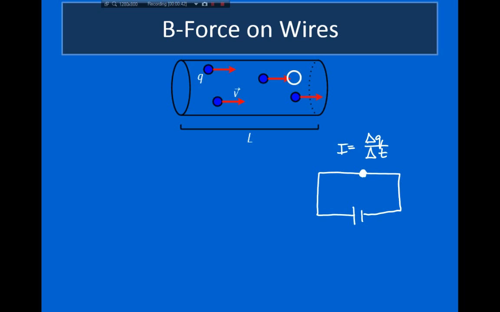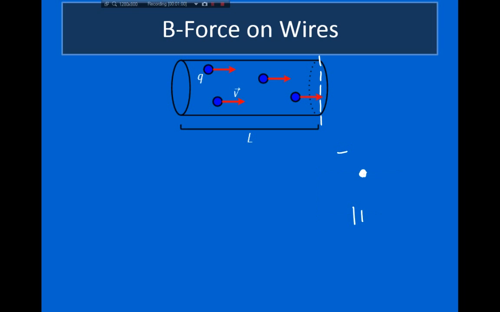So what I need to do up here with this wire is pick a particular point in the wire, and then calculate the amount of charge that moves past that point during a time delta t. So for this wire, I'm going to pick the right side of the wire as my point that I'm going to calculate the charge that's moving past this line.